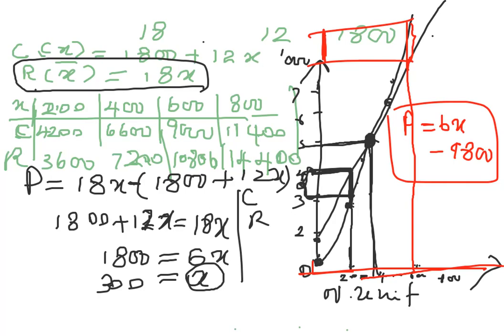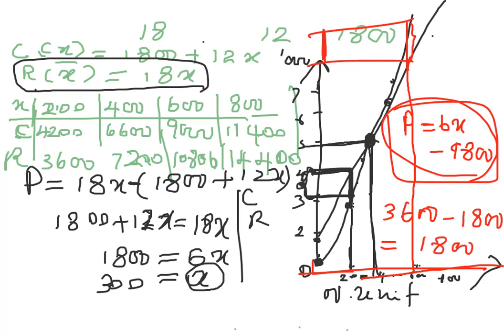I need to multiply 6 by 600. Then it becomes 3,600. According to our profit function, we need to minus 1,800. Then the answer is also 1,800.